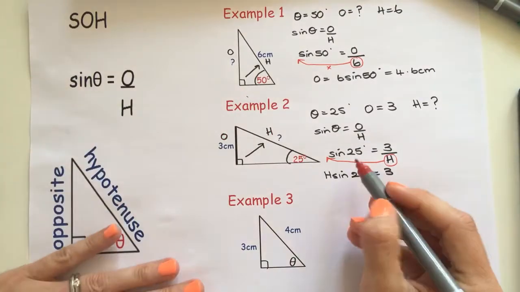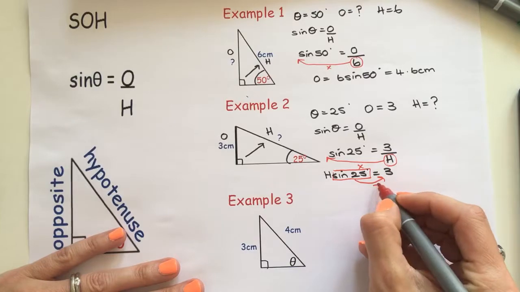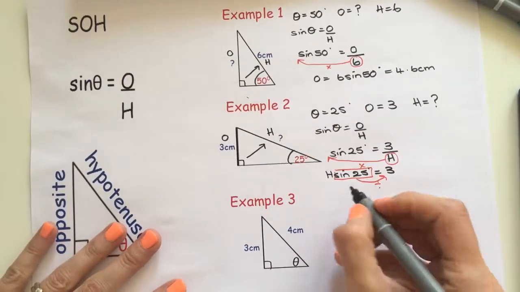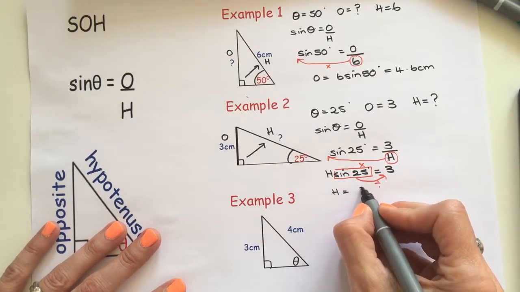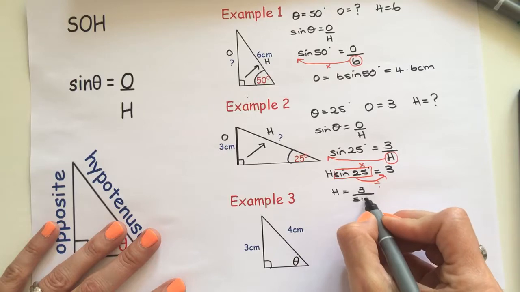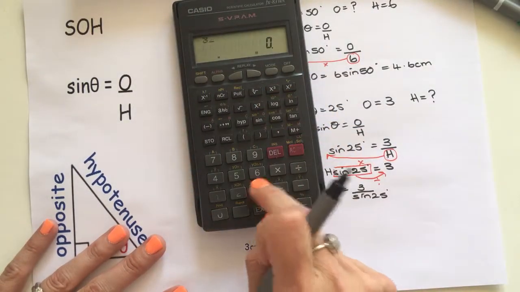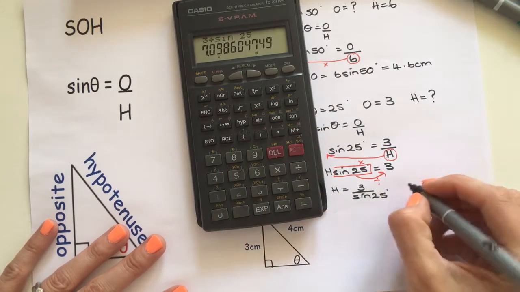And then I need to move the sin 25 by division, because it's multiplying onto the H at the moment. So H equals 3 divided by sin 25 degrees.